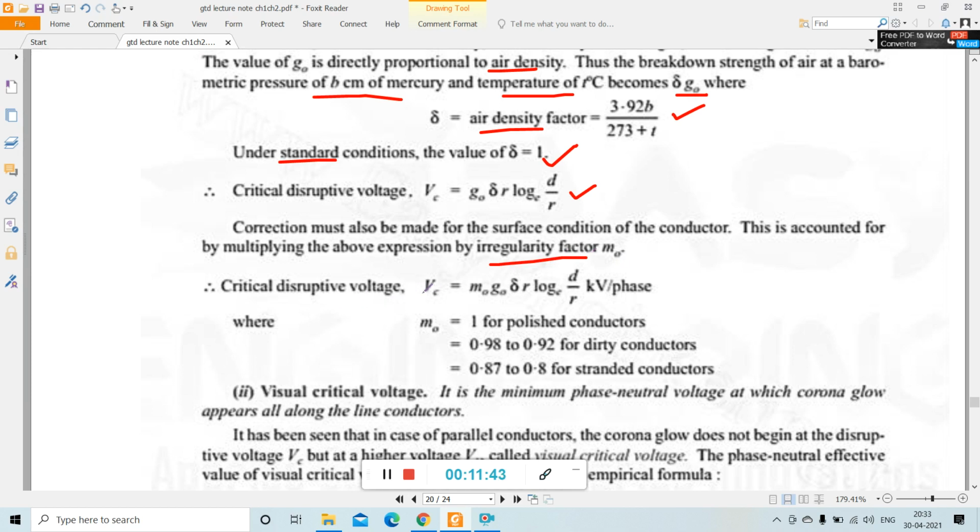Now critical disruptive voltage Vc is equal to m0 G0 δ R log base e d by R kV per phase, where m0 is the irregularity factor. It is 1 for a polished conductor, 0.98 to 0.92 for a dirty conductor, and 0.87 to 0.8 for a standard conductor. Okay, so this is the formula for critical disruptive voltage.